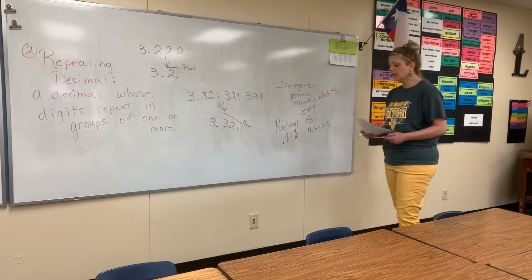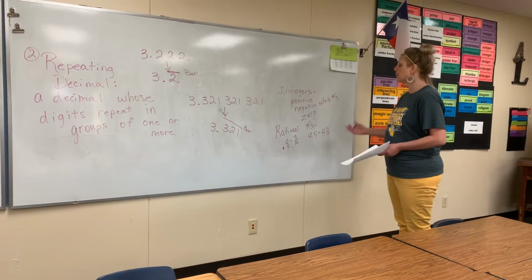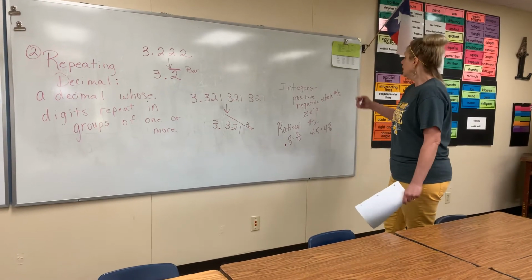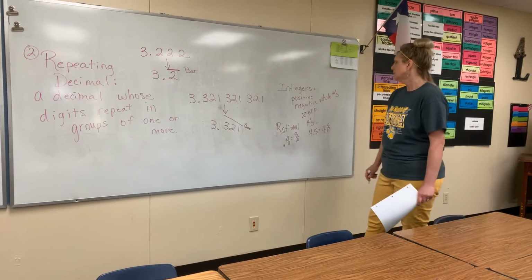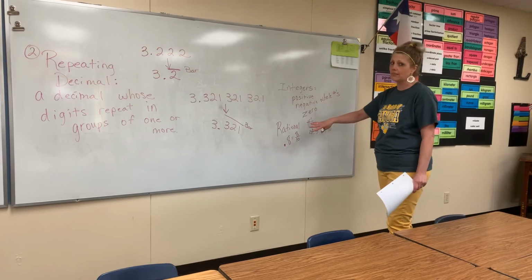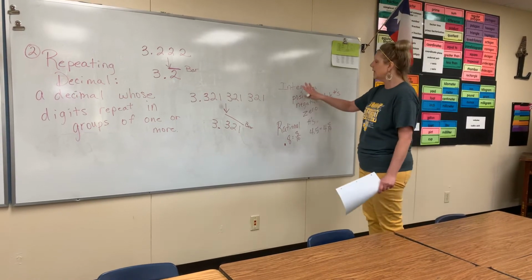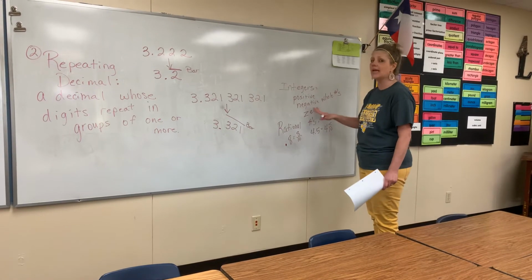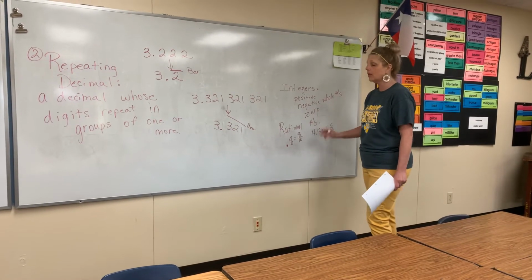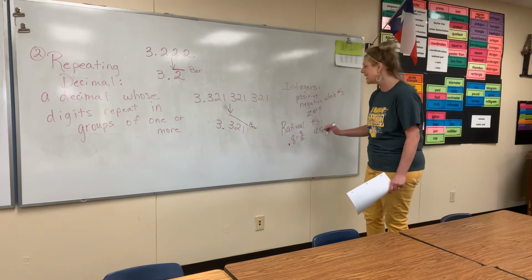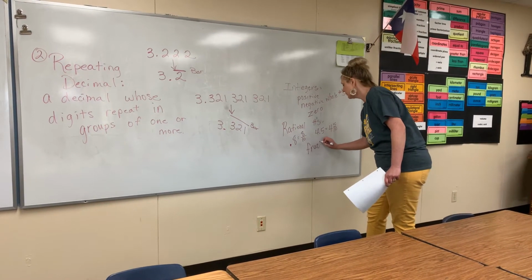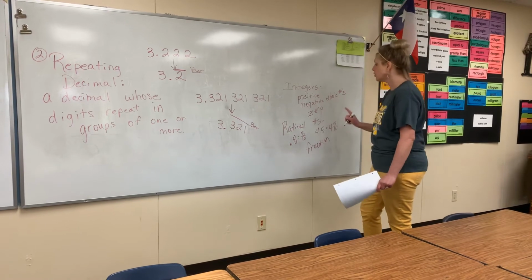So anything that can be written or expressed as a fraction is a rational number. So these two things are not the same, and I don't want you to get mixed up. Integers are not written as fractions. Your integers are just positive and negative whole numbers, and the number 0. But your rational numbers are anything that can be written as a fraction. That's your rational numbers.